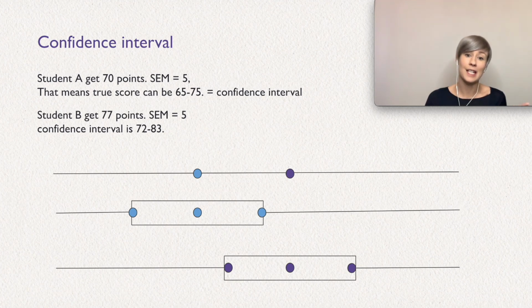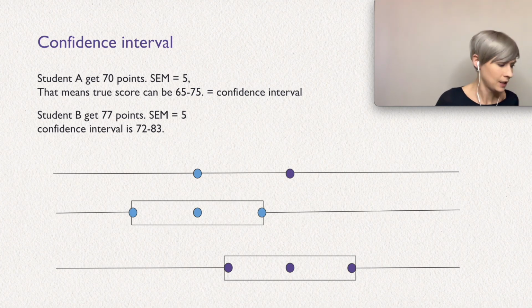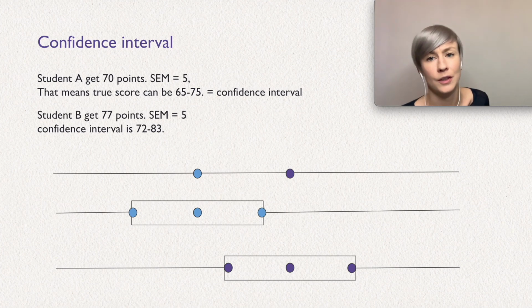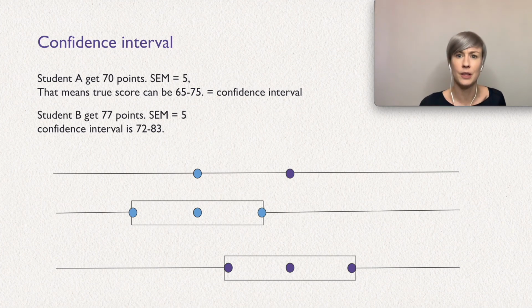You have student A in the middle and student B at the bottom. At first glance, you might say, okay, student A got 70 points and student B got 77. A 7-point difference, that is actually quite a lot. But what you can see here is that the students' confidence intervals are actually overlapping.